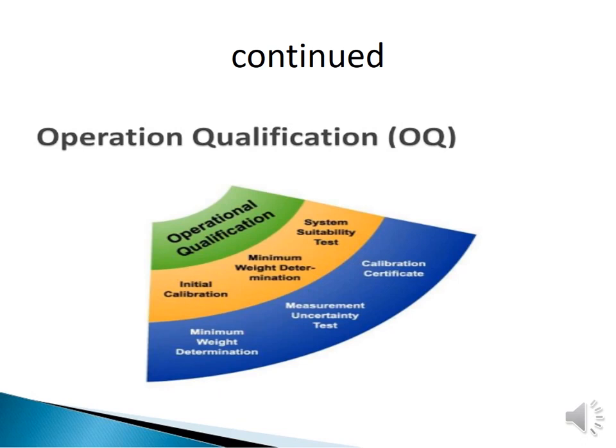If you are working with reference to a machine and equipment, definitely you must be knowing this thing as well. And initial calibration with reference to all the process, all the procedures, all the signals of that machine. Okay, the next circle is talking about the calibration certificate, measurement uncertainty test, minimum weight determination. So this is the story about the operational qualification. We have discussed all these things in the previous slides in very detail.